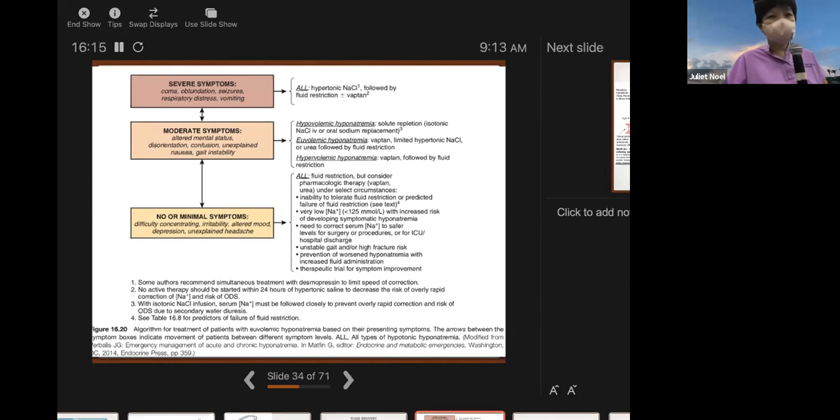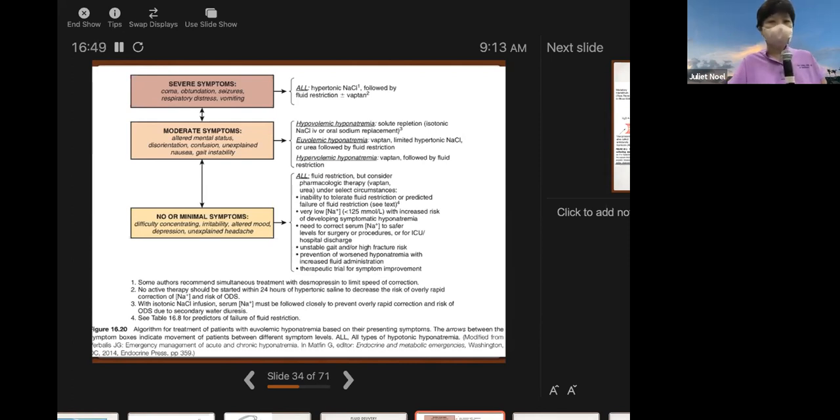For moderate symptoms, for hypovolemic hyponatremia, number 1 is you replete, no? You correct the volume, so you can give an isotonic solution or oral sodium replacement. For euvolemic, you can give vaptans or limited hypertonic sodium chloride, then followed by fluid restriction.